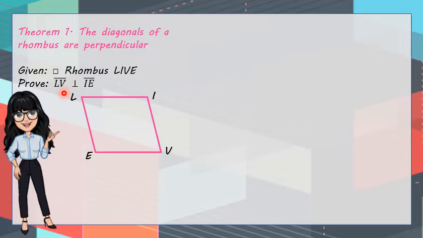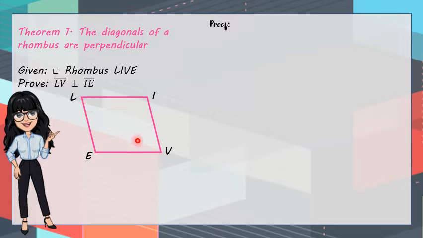So this is the symbol for perpendicularity. So this is an inverted letter T. So segment LV is perpendicular to segment IE. So what is LV? LV, as you may notice here, is actually a diagonal.